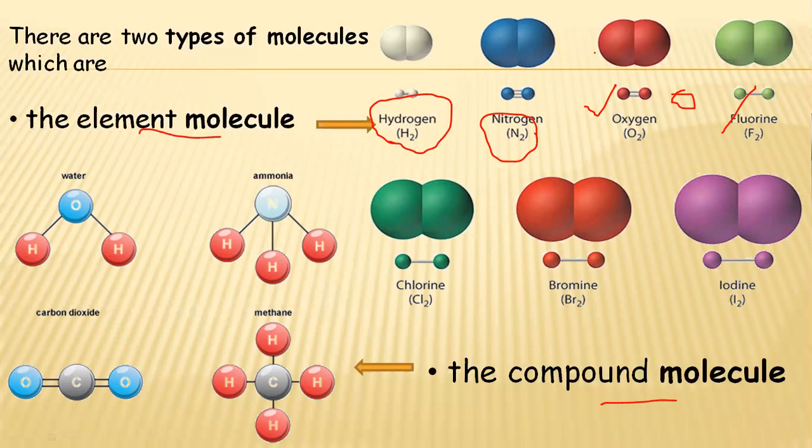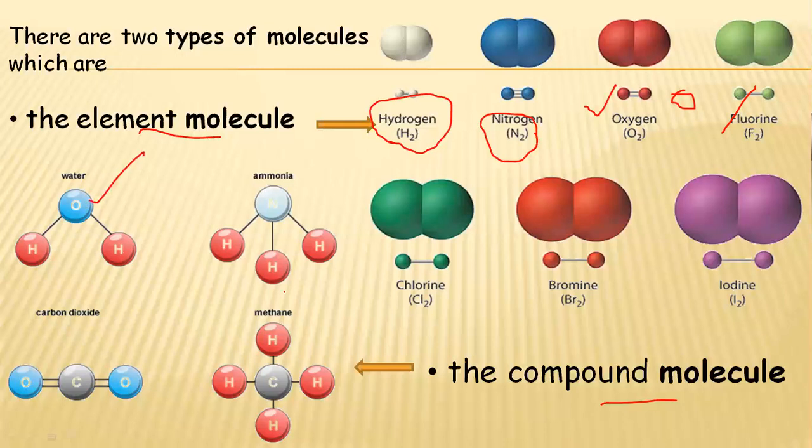You can see the sizes of the atoms; they are bigger atoms because they have more shells, more electrons, more protons. So the compound molecule is one in which different atoms combine together in different ratios. Like in water, 2 hydrogen and 1 oxygen are combined.